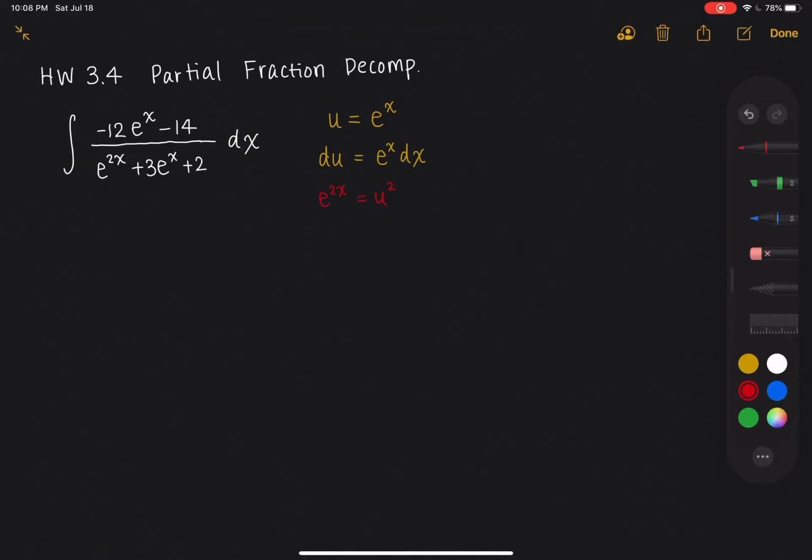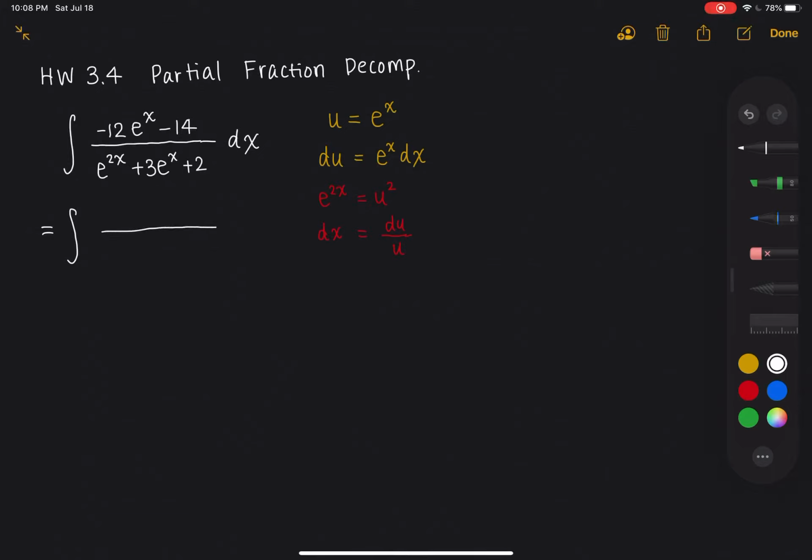And then because we have dx, how do we replace dx? We can just divide both sides by e to the x, so du over e to the x, but e to the x is u. So this is how we replace all the items. So now we start replacing.